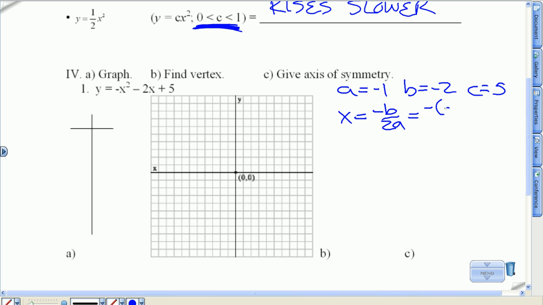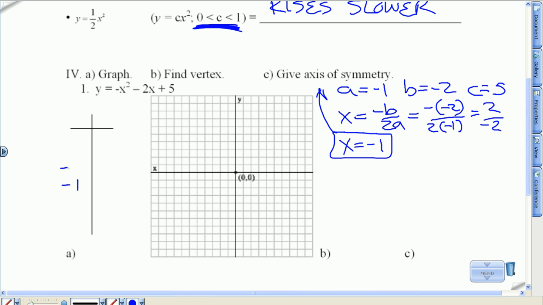Well, that's -2 over 2 times -1, which is 2 over -2. So in this case, x equals -1 is the axis of symmetry. That's important because that's the middle value of my table. So -1, I got -2, -3, -4. So 3 points on one side of it, 0, 1, and 2. And we want integer values. So that's my x column.